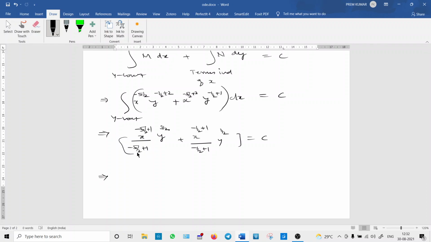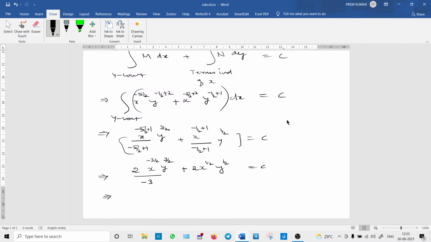This is minus 5 plus 2, minus 3 by 2, x power minus 3 by 2, into y power 3 by 2, plus x power 1 by 2 by 1 by 2, we can write like this, into y power 1 by 2 equals a constant.